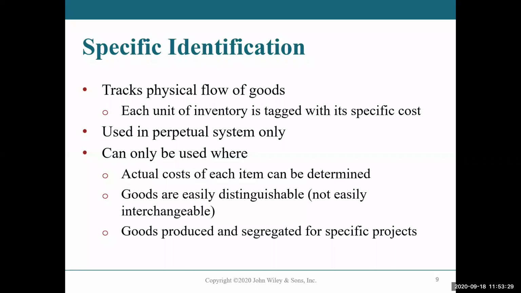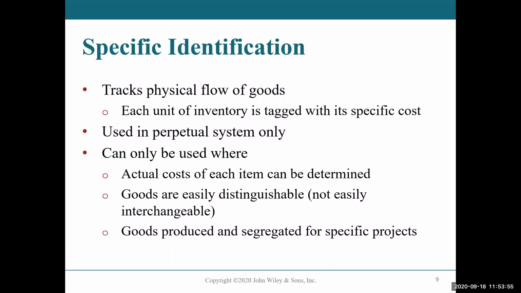Generally speaking, this is used in the automobile industry, if they choose to apply this method, where the cost of each car is different, if it's very unique. Or most commonly, this will be used in arts. If you have art pieces, let's say an art gallery, it has different products from different artists.